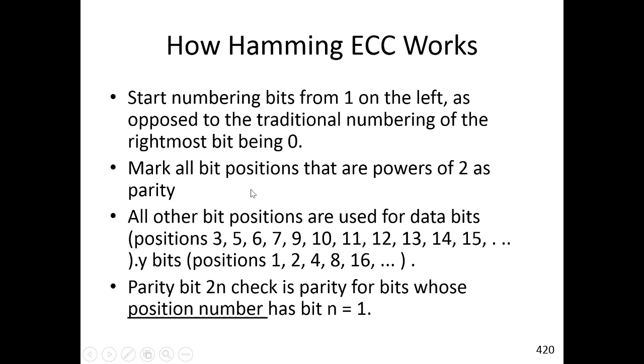The second bit, which is 2 to the 1st, that's 2, is going to be a parity bit. 3 is not a power of 2, so that will be used for data. 4 is a power of 2, so that's parity. 5, 6, 7 are data. 8 is parity, not data. It's kind of confusing, but it lists the parity bits and the data bits here, and so you can figure out how that's done.